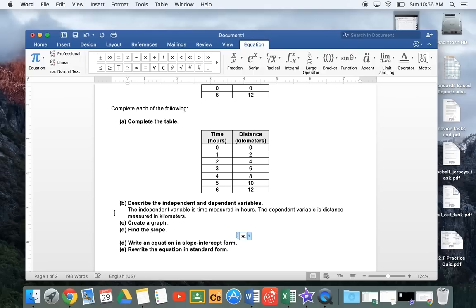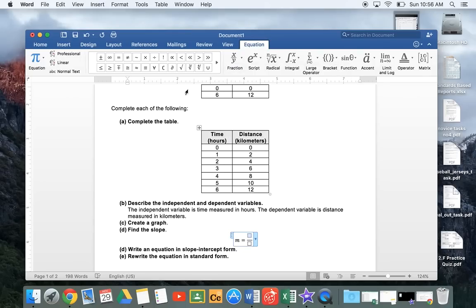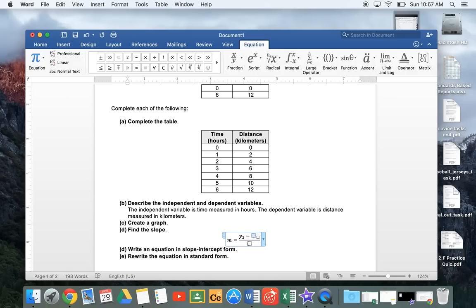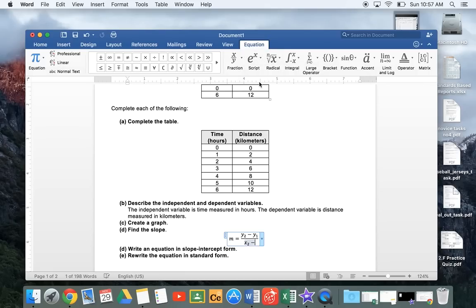So slope equals a fraction in here, and a subscript, y2 minus y1 divided by x2 minus, oops, wrong one, subscript, there we go, x1.